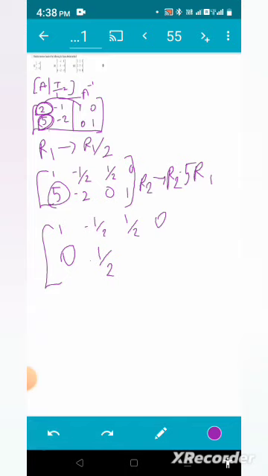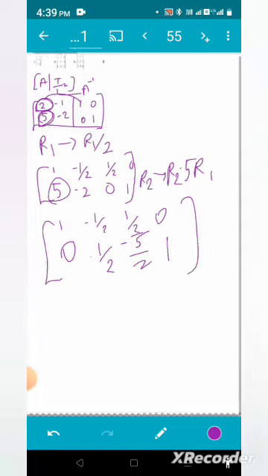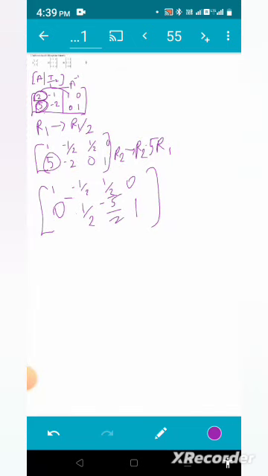Similarly, 0 minus 5 into 1 by 2, that is minus 5 by 2, so we get minus 5 by 2 here, then 1 minus 0 is 1. From this we have to create 0 here and create 1 here, because the identity matrix is 1 0 0 1.